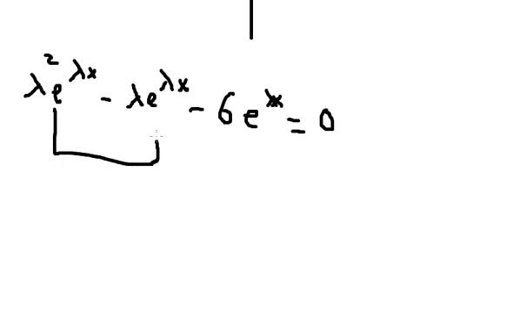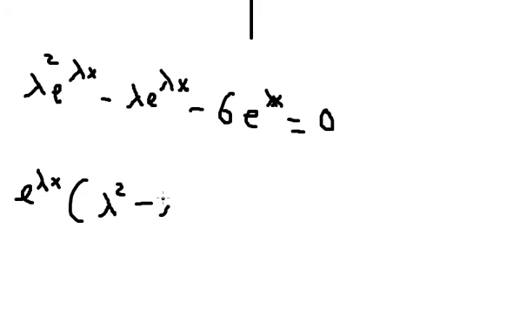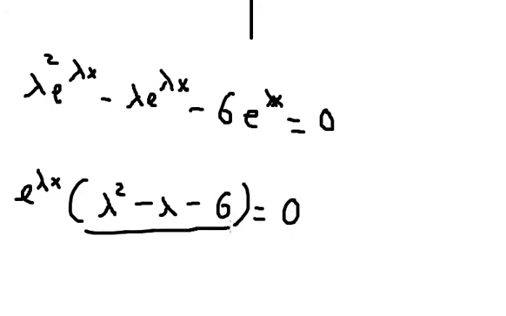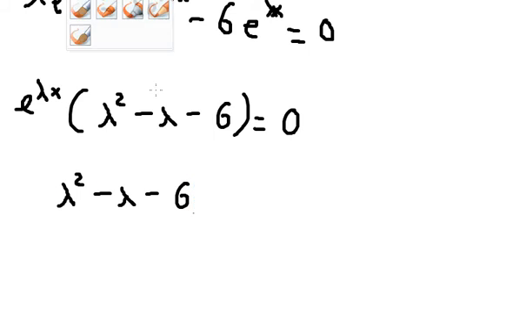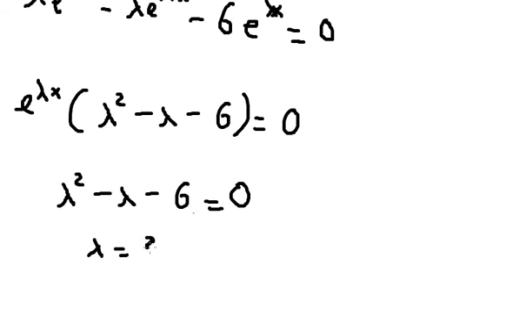Now we can do factorization, and we have e to the power of lambda s multiplied by lambda squared minus lambda minus 6. And now we need to find the solution of this one. So we have lambda equals 3 and lambda equals negative 2.